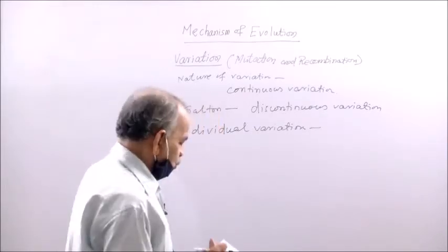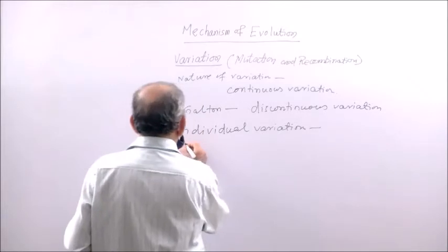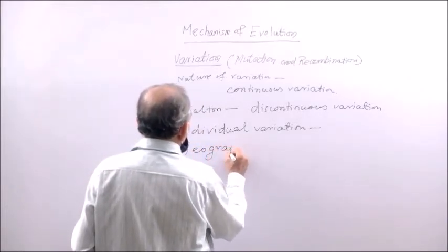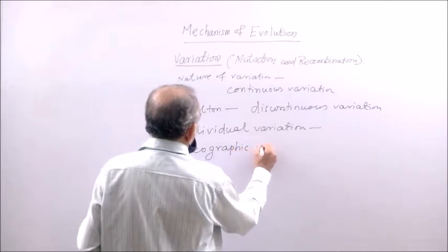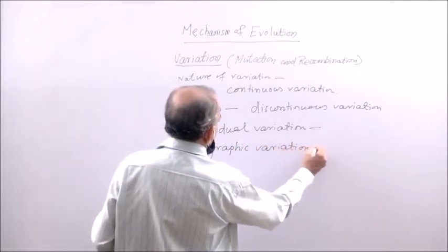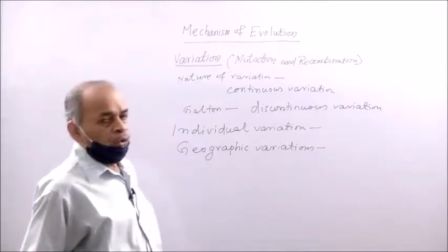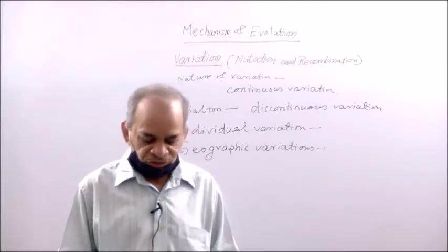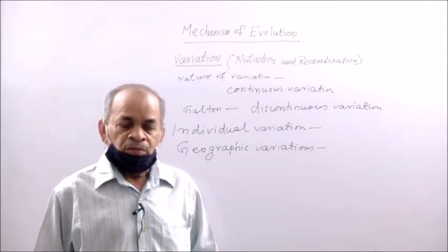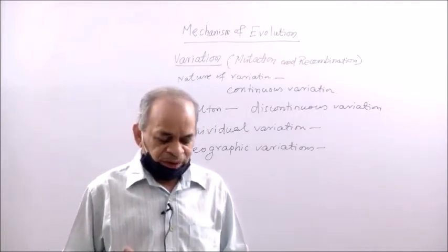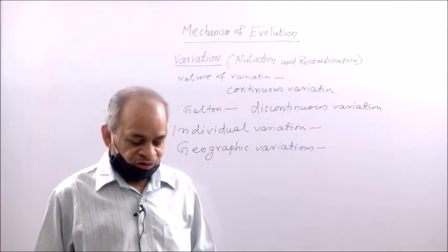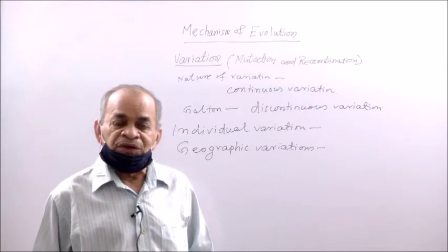Then geographic variations. Occurrence of differences among spatially segregated populations of a species is called geographic variation.